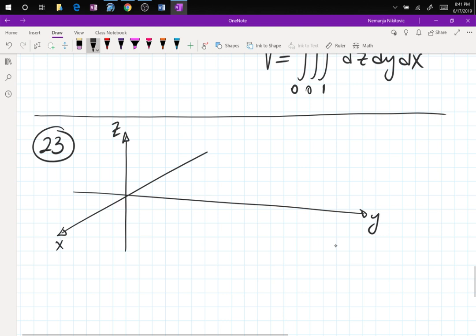Now we're going to have a shape that is going to be, okay, let me see if I can pull this one off real quick. So go.